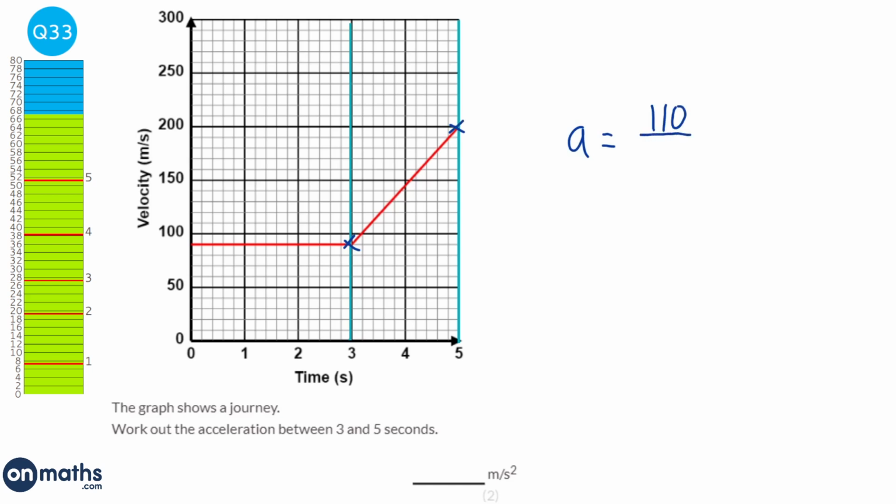Now the time is 2 seconds, so it's going to be 110 divided by 2, which is 55, and the units will be meters per second squared. So it's 55 meters per second squared.